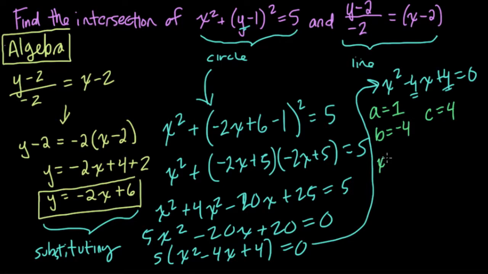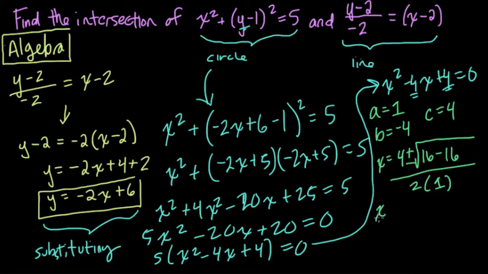And x will equal negative b, and b is already negative 4, so negative negative 4 is positive 4, plus or minus the square root of b squared, which is 16, minus 4ac, which is also 16, since 4 times a, which is 1, times 4 is 16, all over 2 times a, or 2 times 1. Now this gives us x equals 4 plus or minus 0.